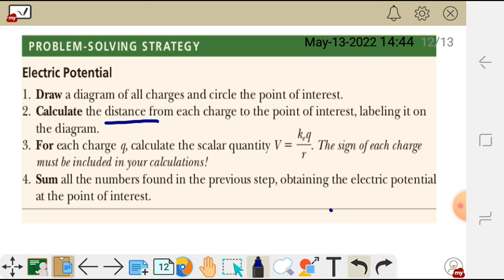Then, for each charge Q, we calculate the scalar electric potential, keeping in mind that the sign of each charge must be included in the calculations. So the positive and negative signs, you include them in the calculation. And finally, you sum all the numbers found in the previous step, obtaining the electric potential at the point of interest. So you use the superposition principle to find the total electric potential.